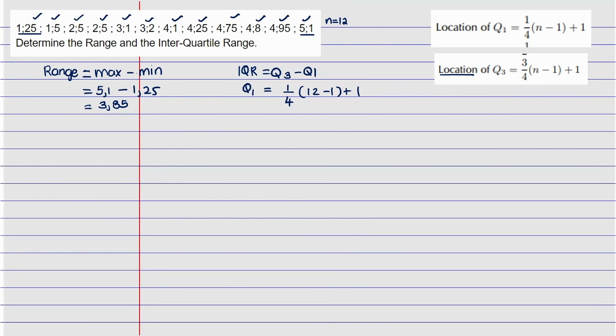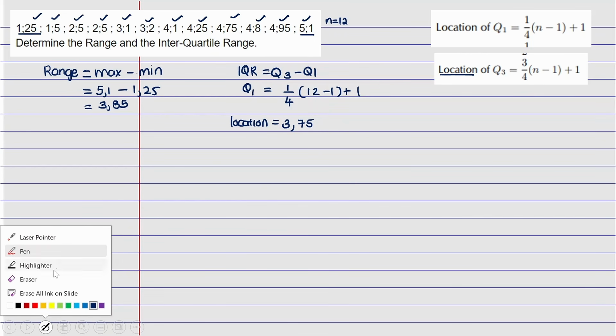So it's going to be 1 over 4, open bracket, 12 minus 1, plus 1, which is going to give you 3.75, right? So the location of Q1 is at 3.75. Where is that? Let's find that, I'm going to do it in another color. Let's highlight.